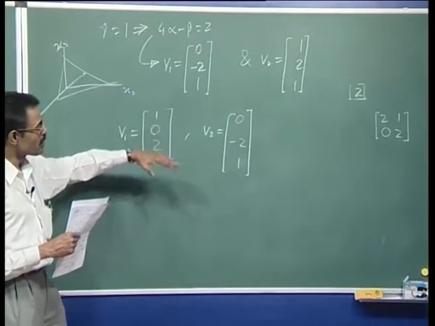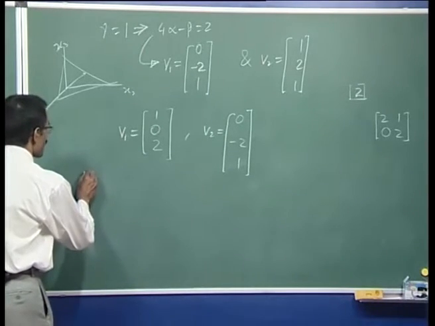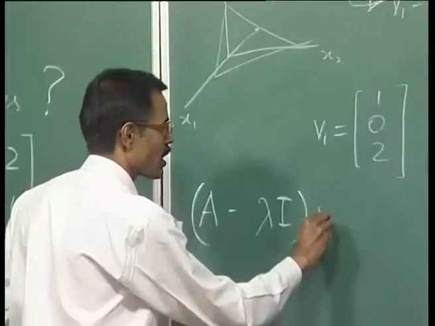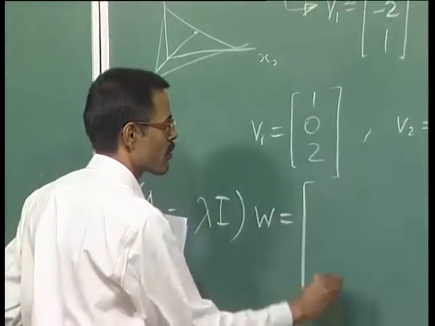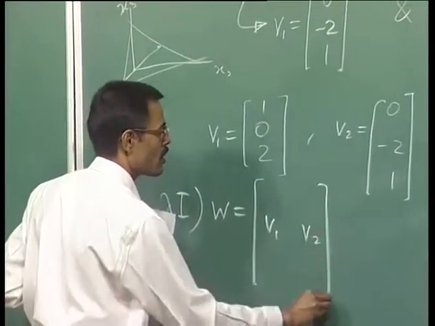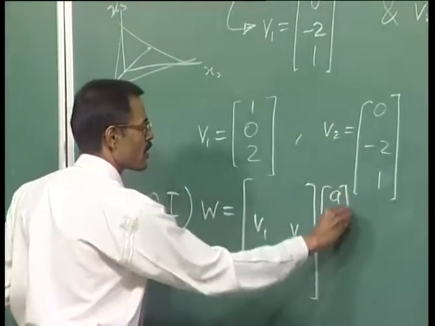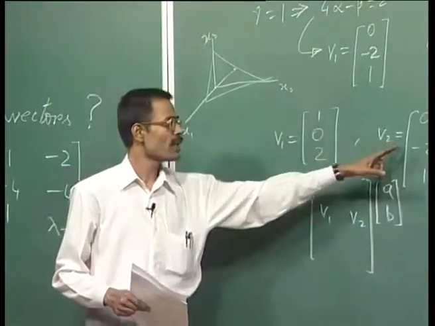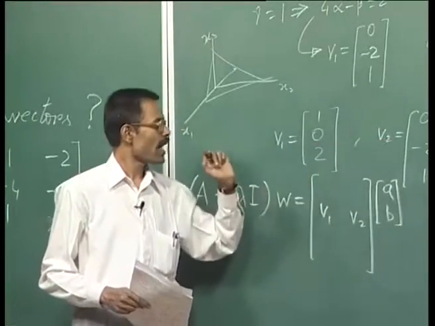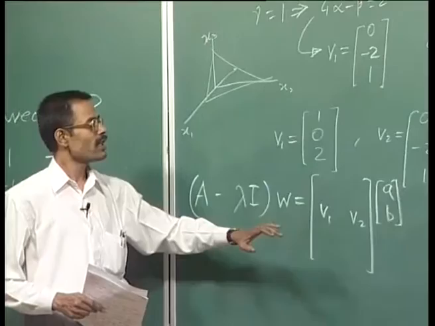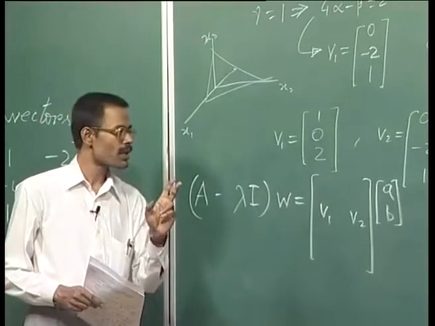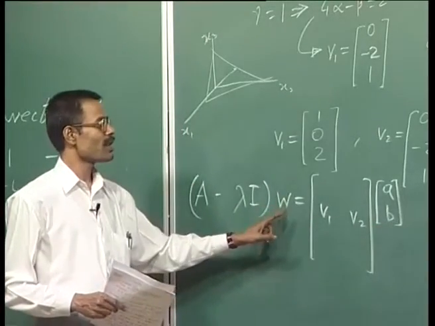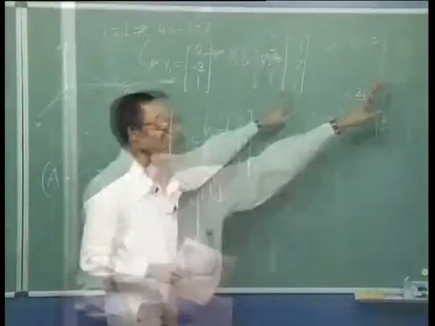I leave this for you as an exercise, in which you want to solve for the generalized eigenvector from this. This is basically AV1 plus BV2, a linear combination of these 2 eigenvectors, and if you try to do that, then you will find that only for a specific combination of values of A and B a generalized eigenvector is admitted, and that turns out to give you this eigenvector.